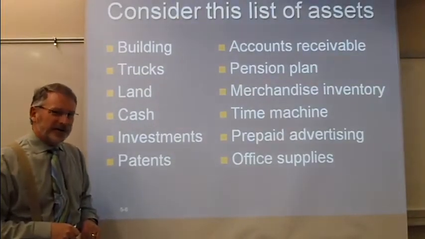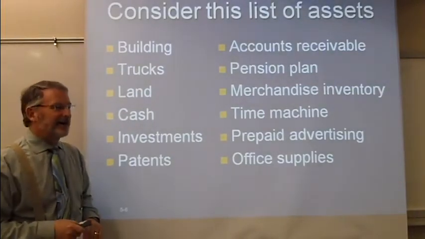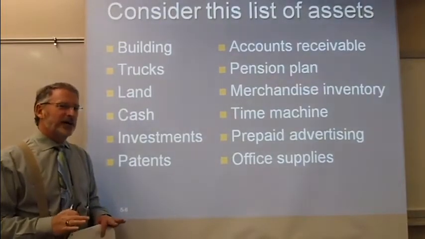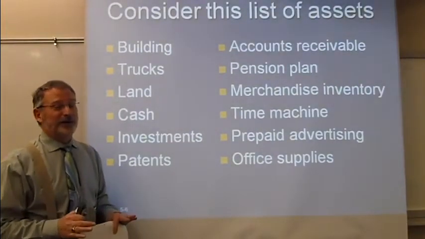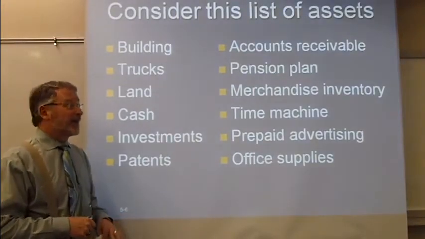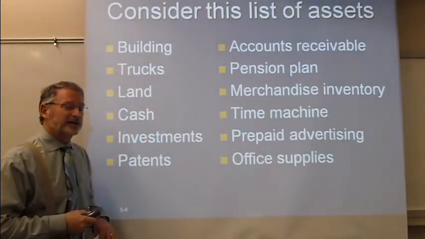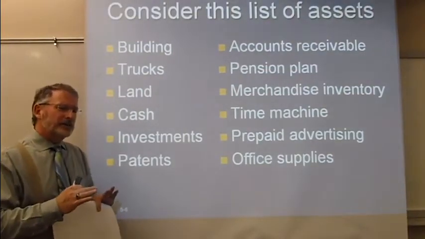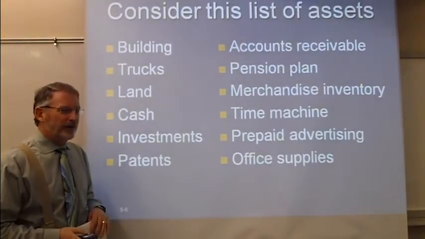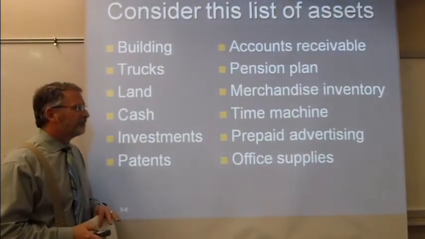But did anybody notice the time machine? If you actually owned a time machine, don't you think people who are investing in your company would be curious to know that? It might be one of the first things you'd want to mention, as opposed to having it buried in this list of assets. So that's one thing to demonstrate that some things are more important than others and are different.